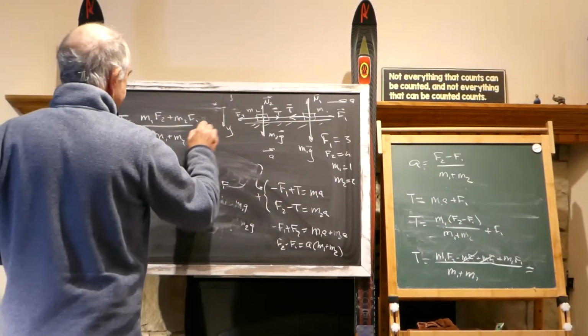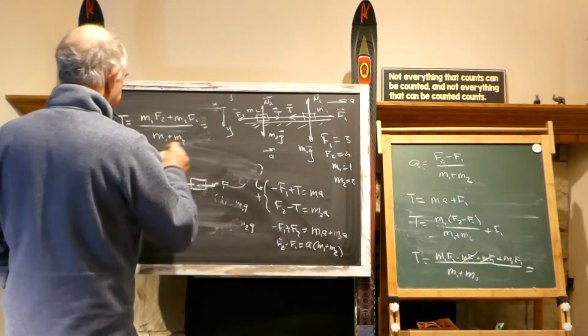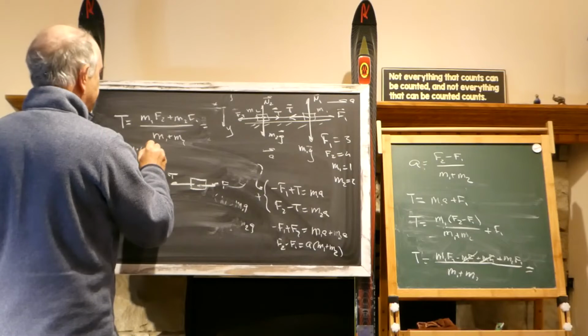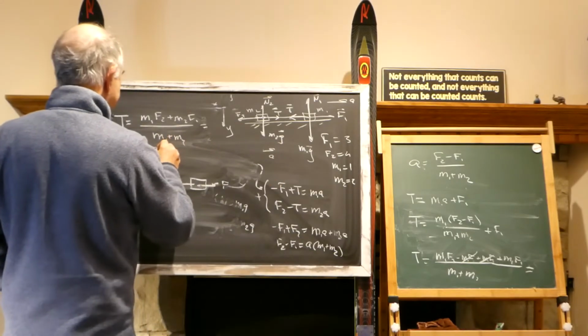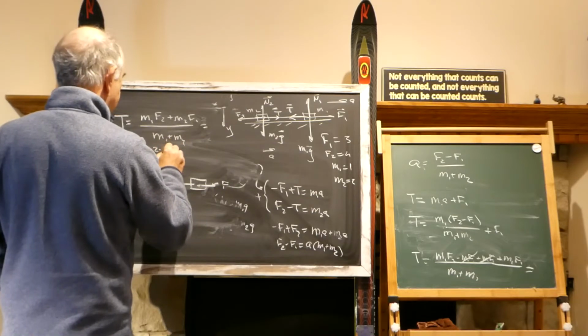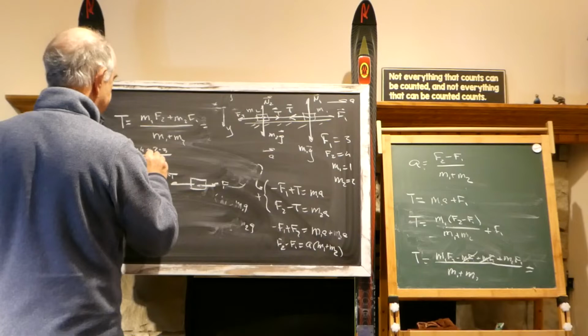We can plug the numbers here and say M1 is 1, F2 is 4, plus M2 is 2, and F1 is 3, and this would be M1 plus M2, 1 plus 2.